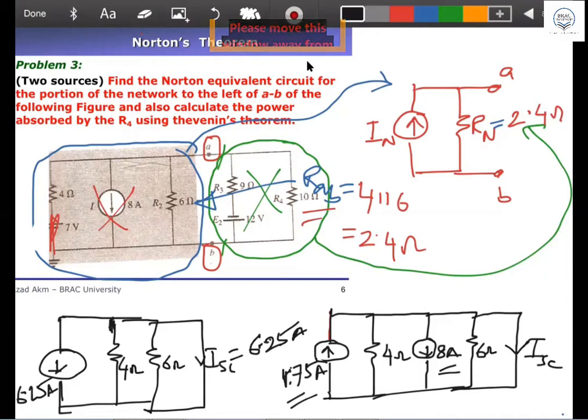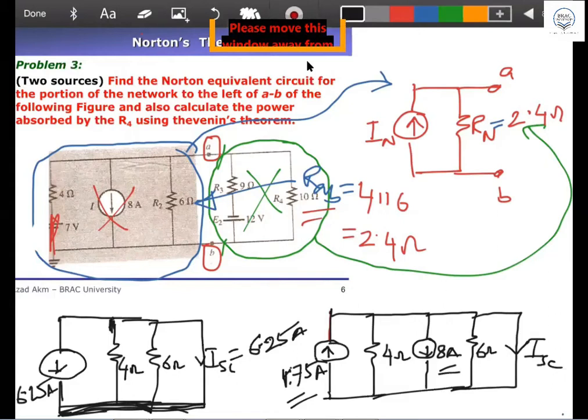You told me 6.25. Can you explain to everybody, because everybody's brain short circuited? Yes, sir. There is a short path, so no current enters through the resistors. Absolutely good, because the 4 and 6 ohm resistances are short circuited, so there will be no current flow through them.